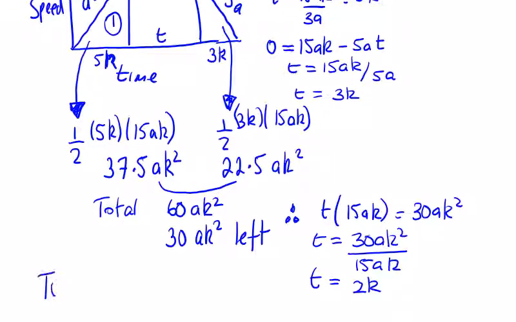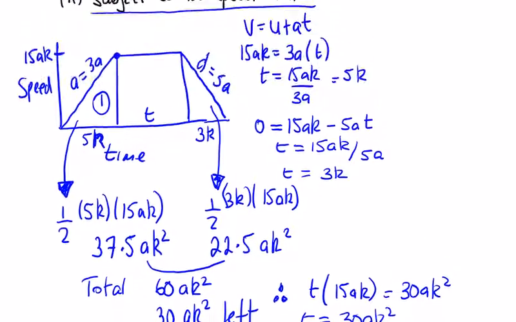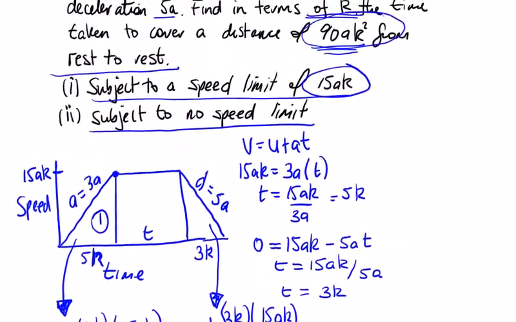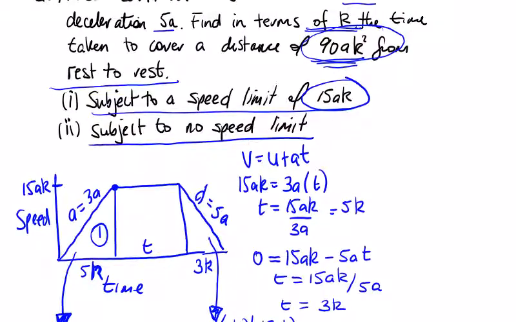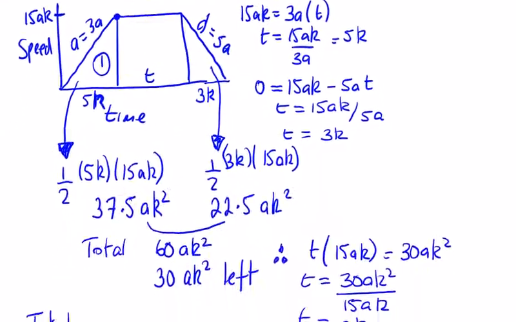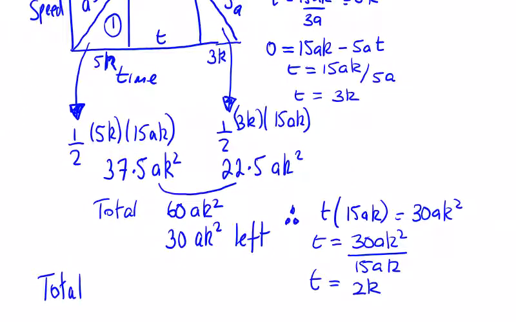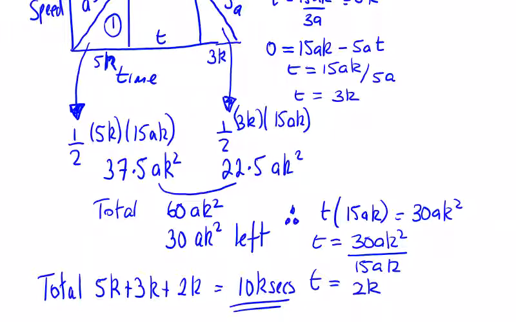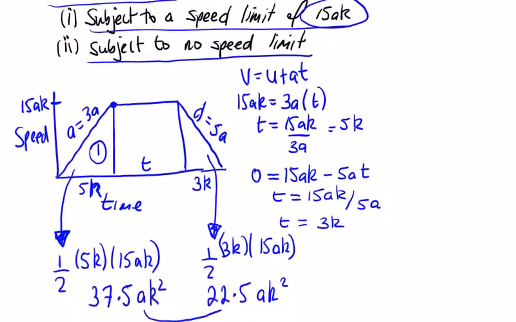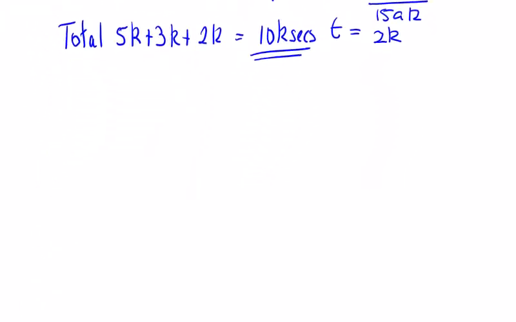So my total, I think we're asked for time in terms of k. Find in terms of k the time taken to cover a distance. So the total time taken is 5k plus 3k plus 2k, which is equal to 10k, and that would be in seconds. 10k seconds. Part 2. We're subject to no speed limit, still the same distance, so no speed limit.